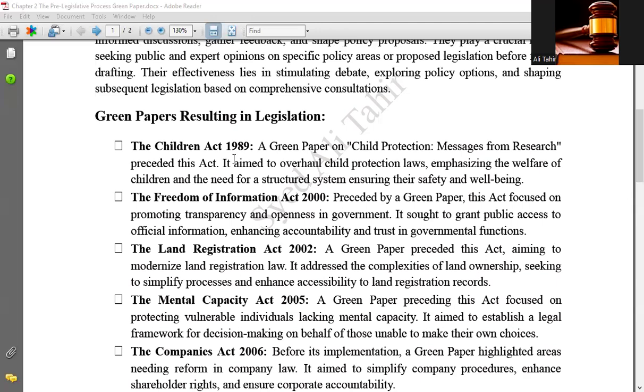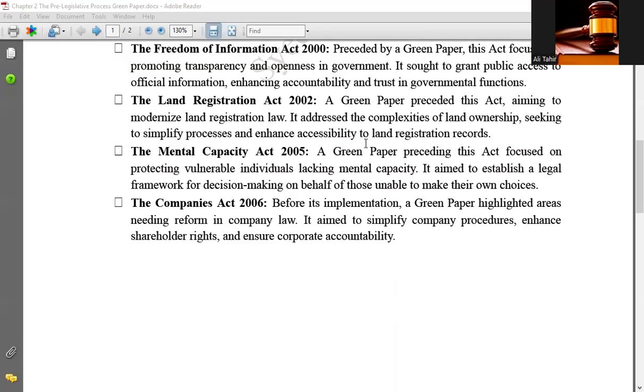And yes, green papers are a perfect method of actually addressing issues relating to these esoteric fields of the law. The Mental Capacity Act of 2005 was initially a green paper and it eventually matured in Parliament as a bill and became law. The Companies Act 2006 was of a similar stroke.